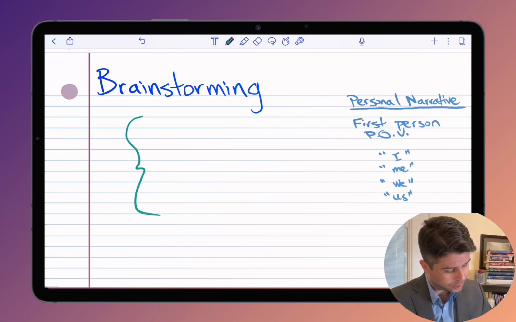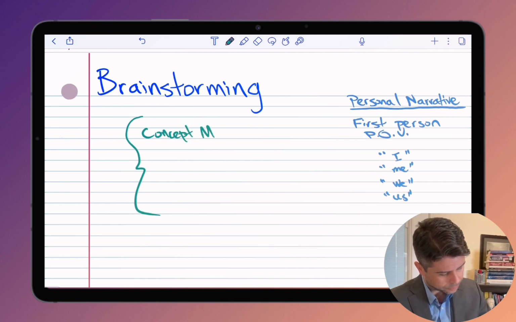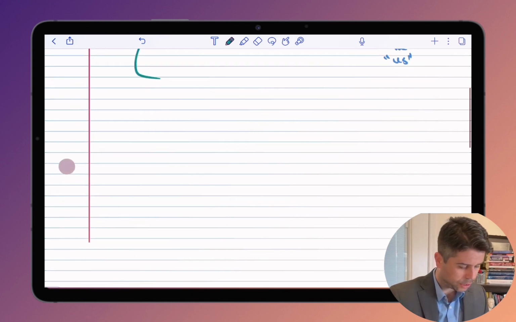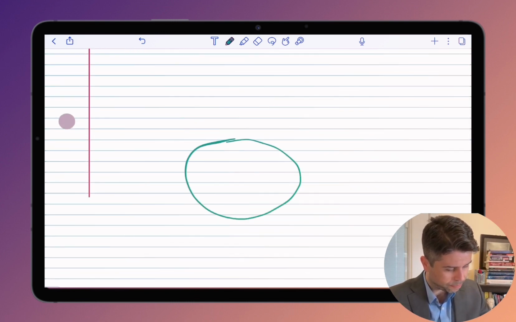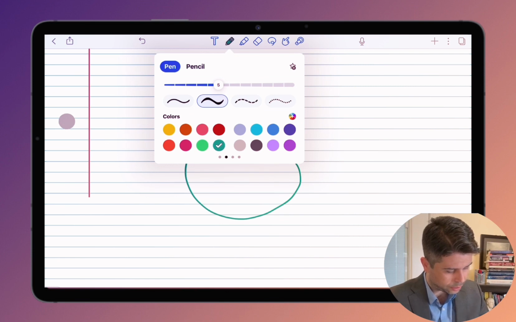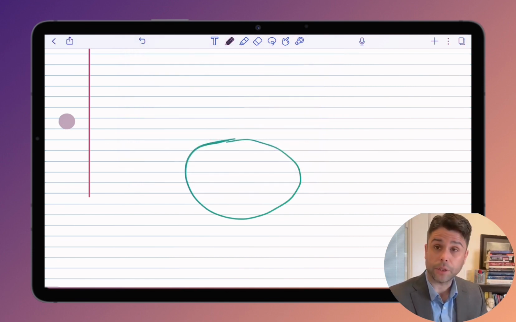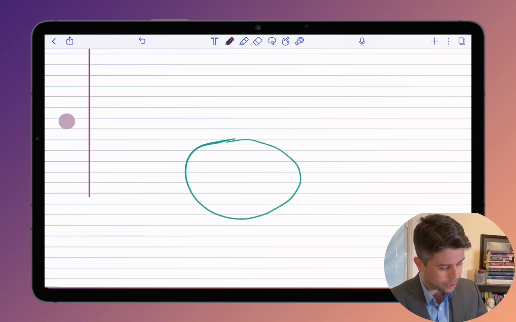One such technique is concept mapping. Now, concept mapping is creating a bubble chart with a large circle in the center, and that circle represents either our main idea or our controlling theme, if we were, say, writing a poem, or it could stand for our main goal or objective, which in this case would be to write the personal narrative.